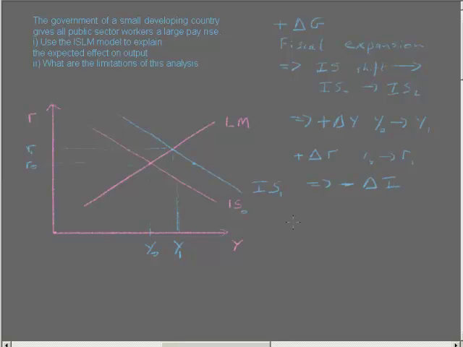So we have an increase in output, less than predicted by the Keynesian cross, because I falls.